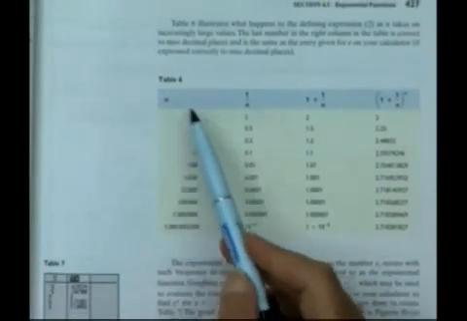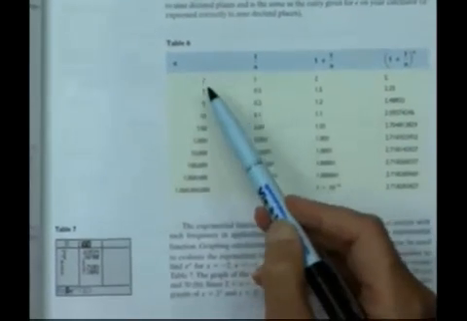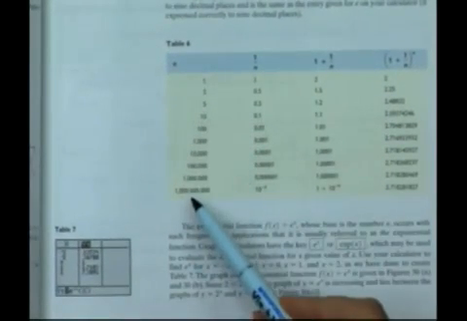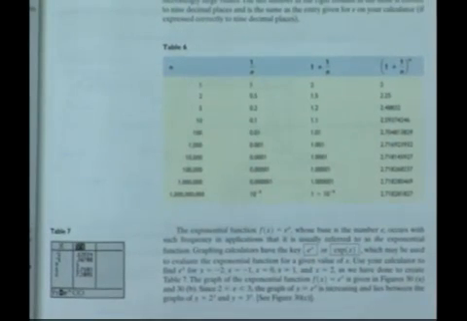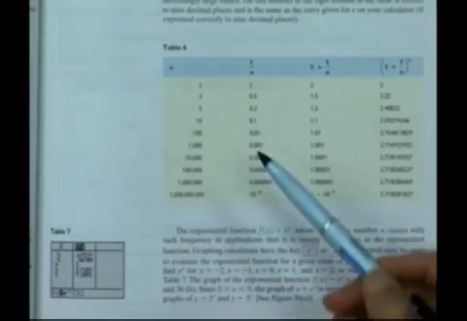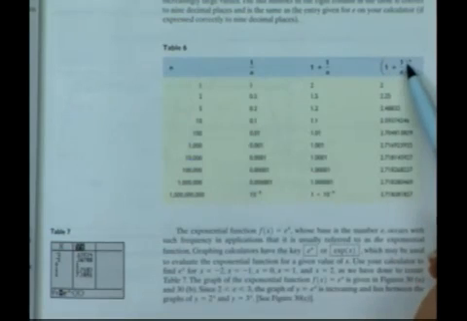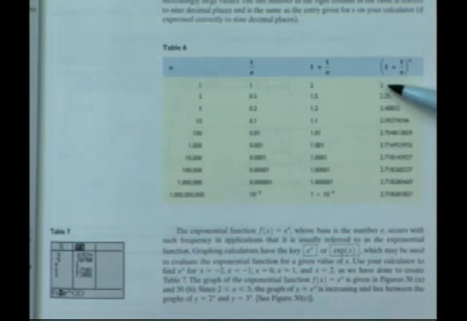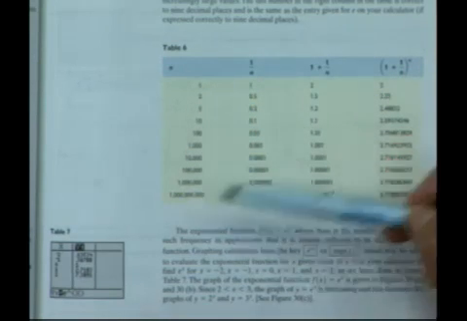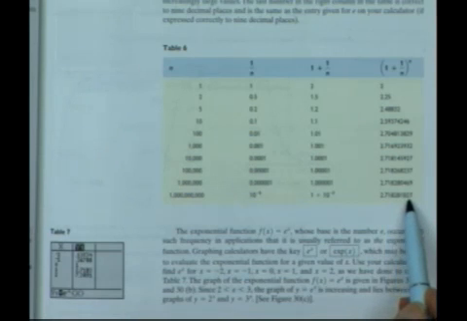They pick n to be 1, 2, 3, just getting bigger and bigger. Remember, we were looking at the limit as n approached infinity, so we got all the way to, looks like, a billion. And they substituted into each part of the expression and raised it to the nth power. And as n got really, really big, this expression gets real close to 2.718281827.